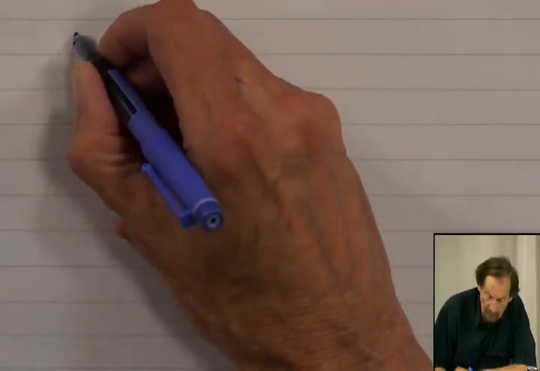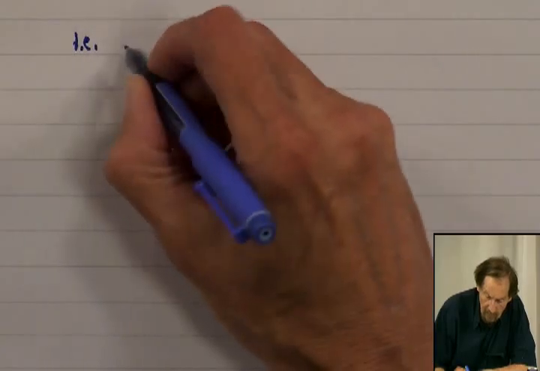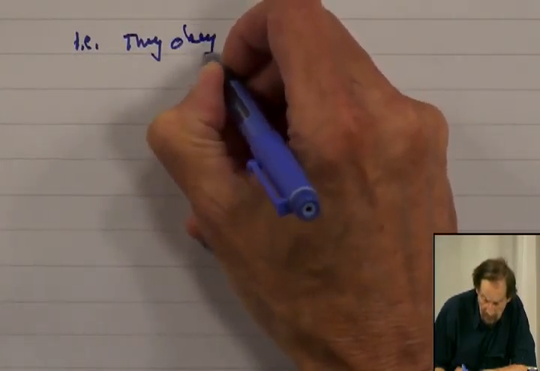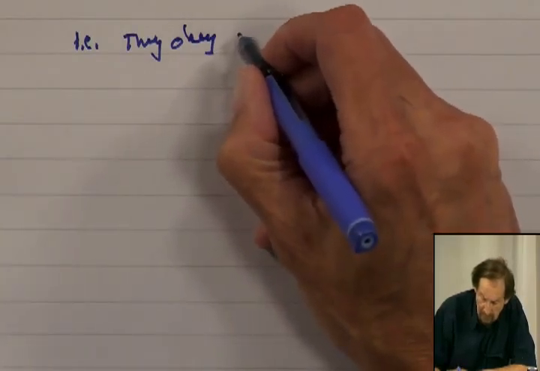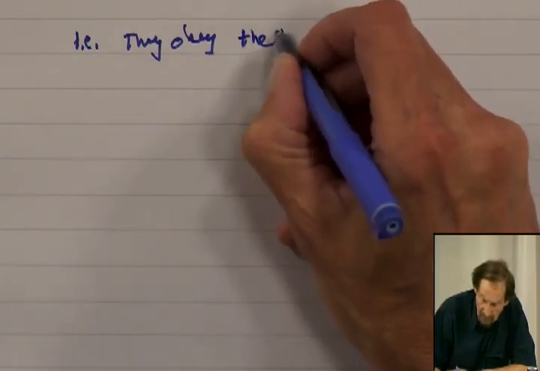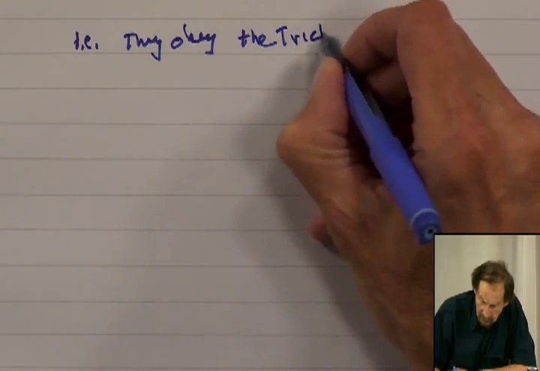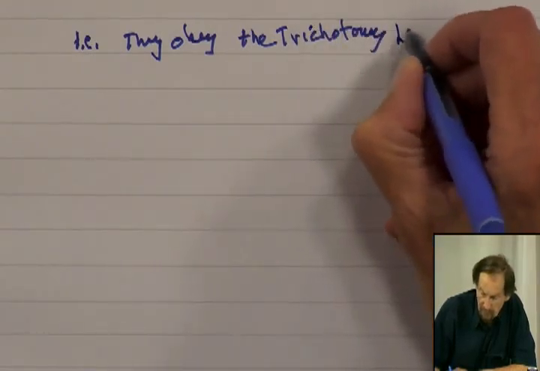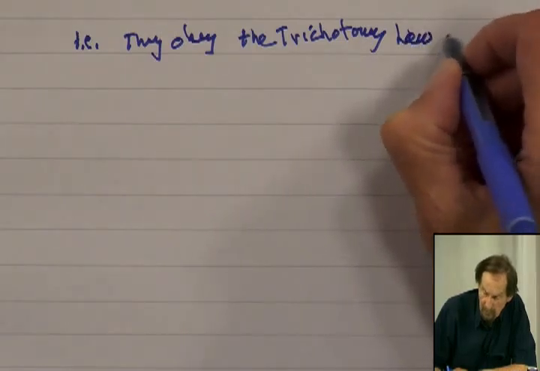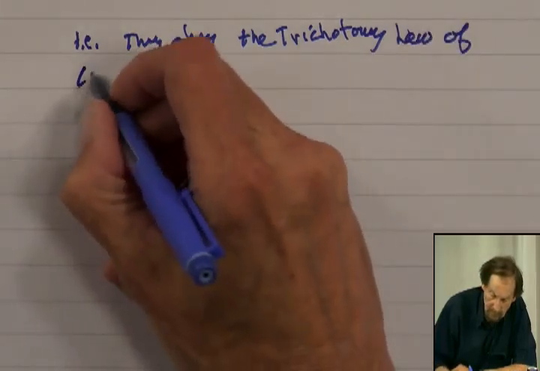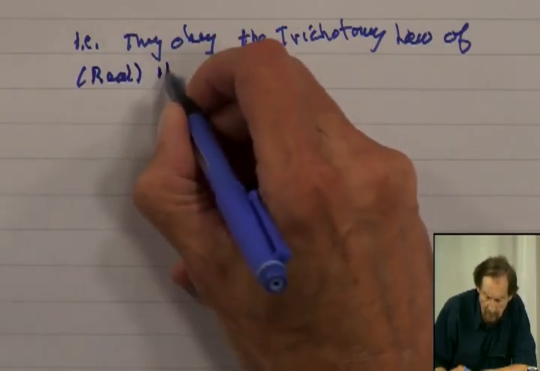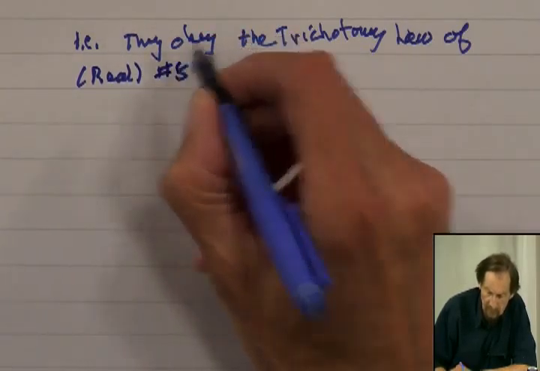In other words, they obey the trichotomy law of real numbers, but we don't have to worry about real numbers.